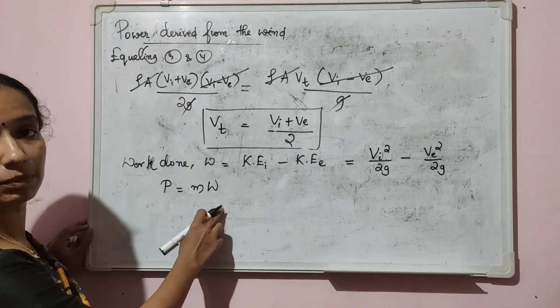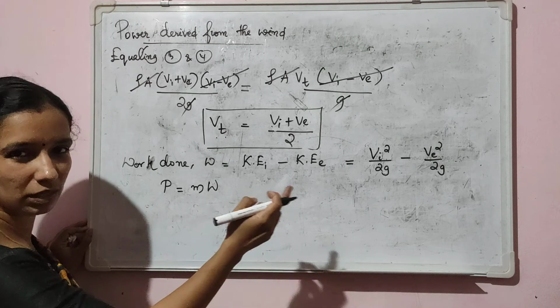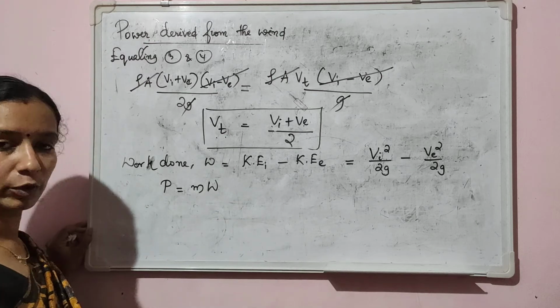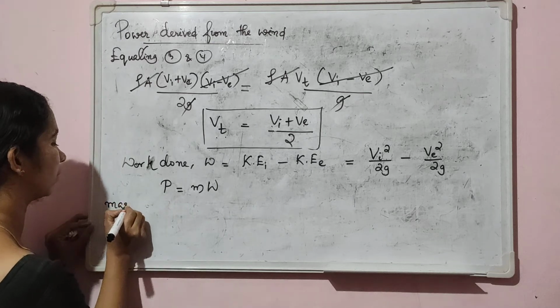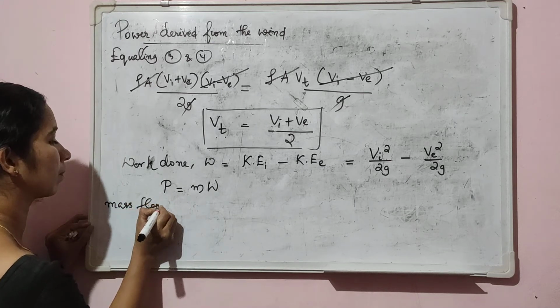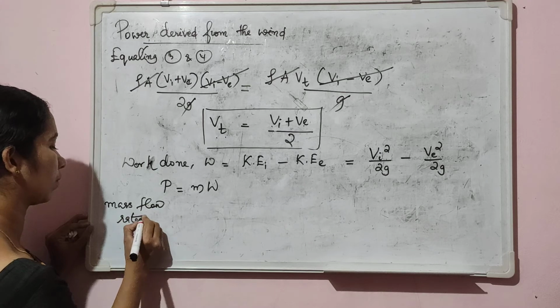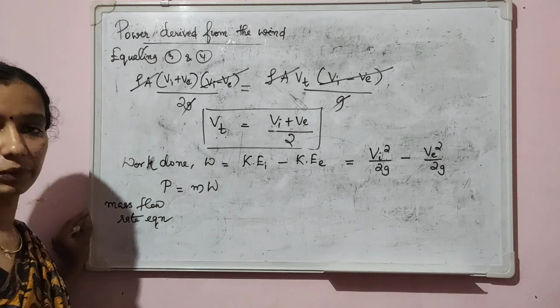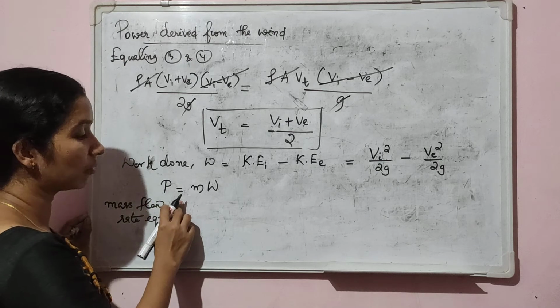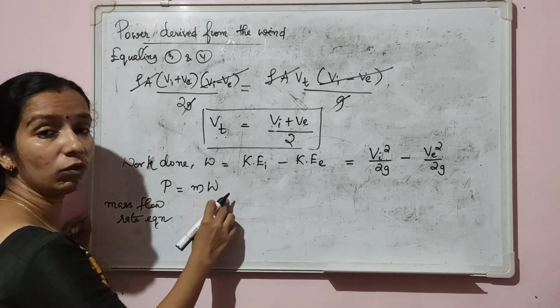So this is from the mass flow rate equation. This equation is also taken from fluid mechanics. So according to the mass flow rate equation, the power is equal to mass flow rate into work done.